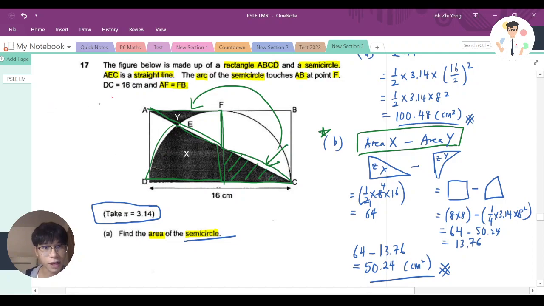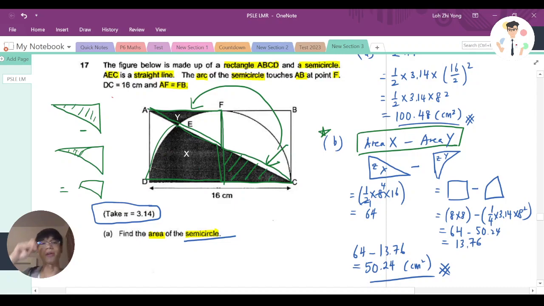If I have this full triangle, and this part is Y, and I minus this from this, I will only be left with this part, which means the area of X minus the area of Y is actually exactly the whole quarter, which is this part.